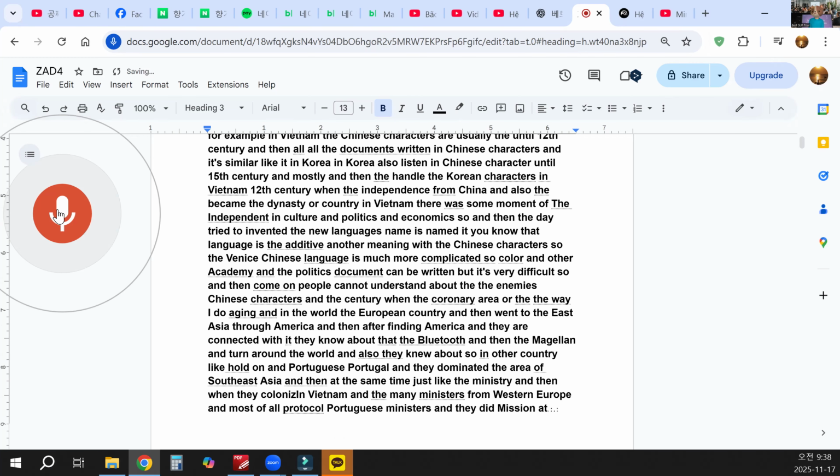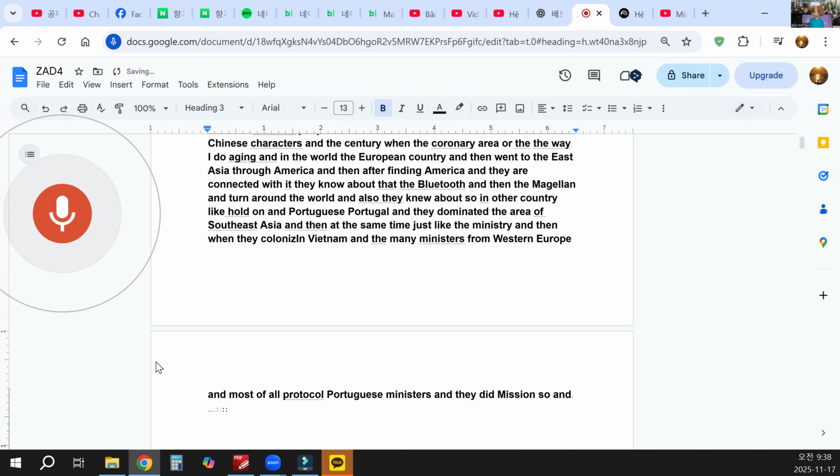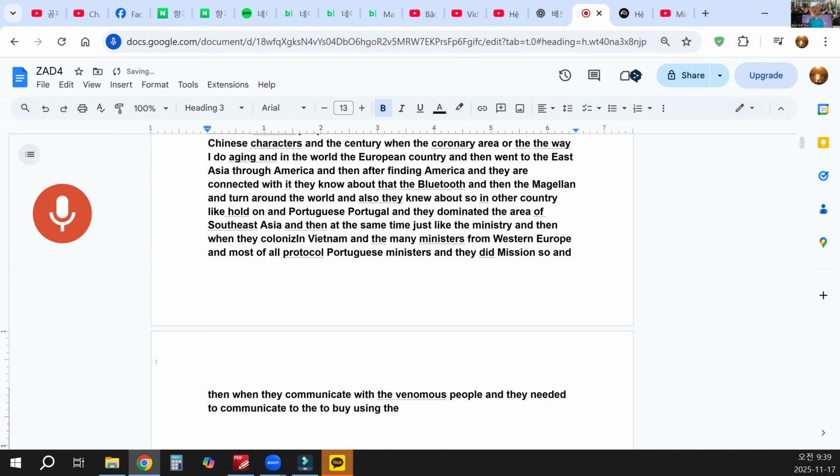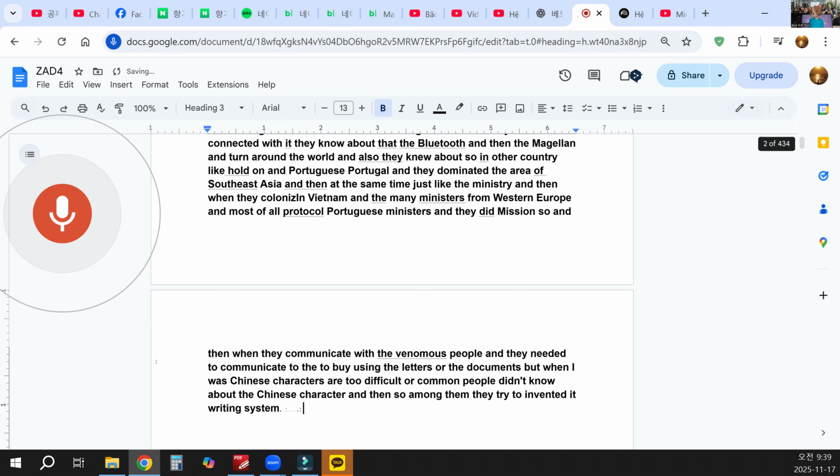When they communicated with the Vietnamese people, they needed to use letters or documents. But the Vietnamese Chinese characters were too difficult, and common people didn't know the Chinese characters. So among themselves, they tried to invent a writing system with the Latin alphabet.